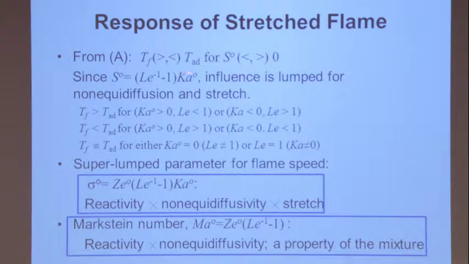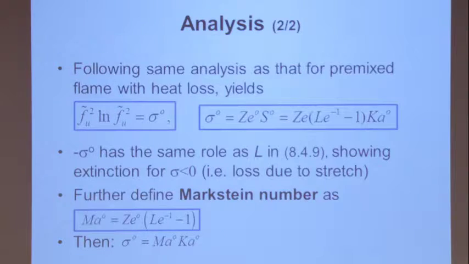Because the flame behavior depends on whether this is plus or minus, and that depends on whether the Karlovitz number is plus or minus, which itself depends on the curvature and the flow, and also on whether the Lewis number is bigger or less than 1.